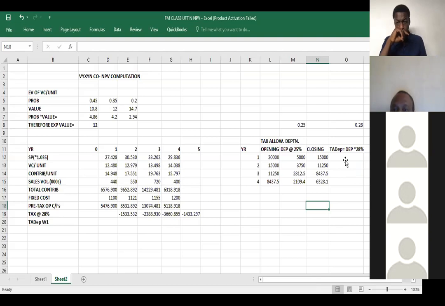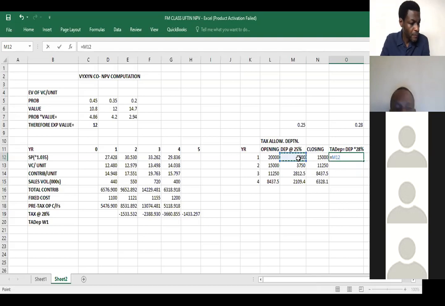Okay, so our tax allowable depreciation now is equal to this multiplied by, so we can do our dollar sign. So 28.